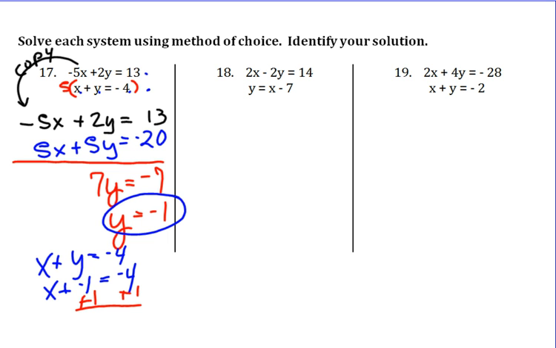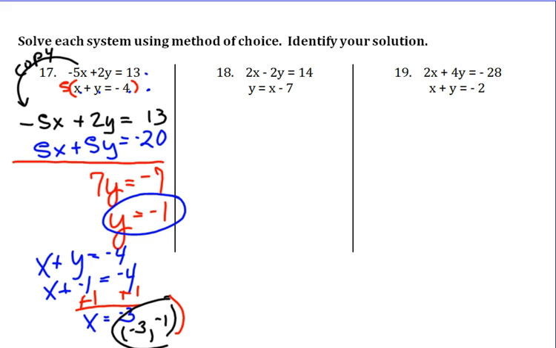So now I'm getting a solution that x must equal a negative 3. So my overall solution to this, and I'll put it down here, is the point negative 3, negative 1. Okay? That's my solution. Oh, it kind of came down looking like 11. Sorry, I had an issue there.